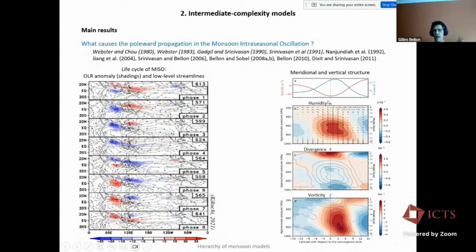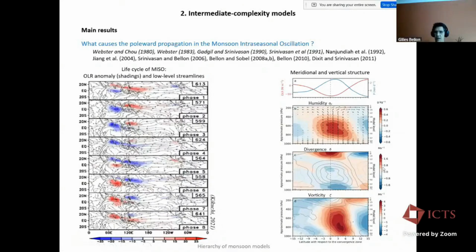And you can see that ahead of the maximum of convection, you have a maximum of humidity, and particularly in the lower troposphere, it's even further north. So what's happening is that the precipitation is moving north because it's more humid, or there's more moisture availability north of the maximum of convection. And that humidity is essentially due to the fact that there is convergence in the lower level ahead of the convection, or poleward of the convection.